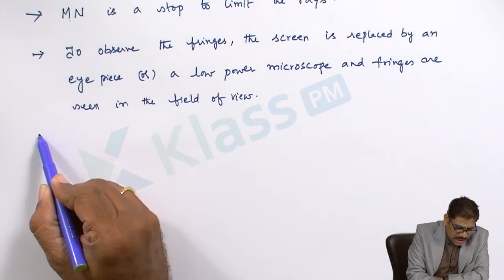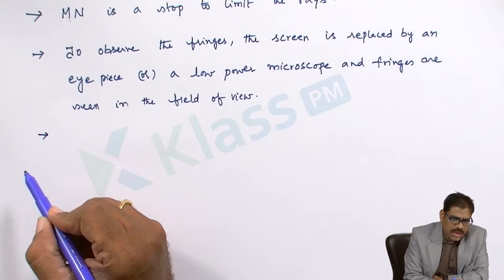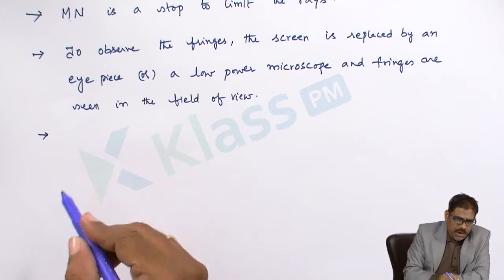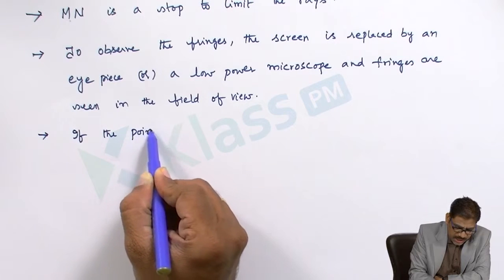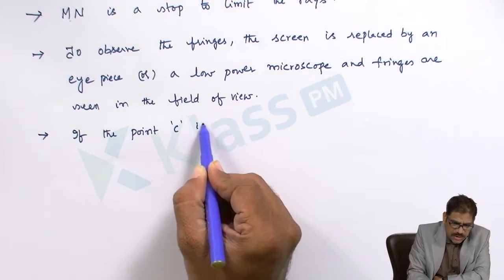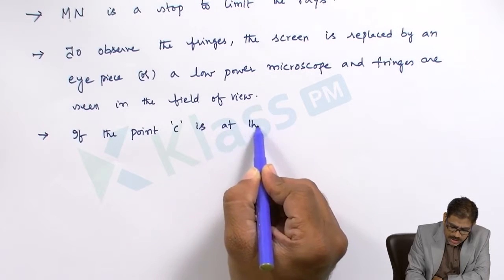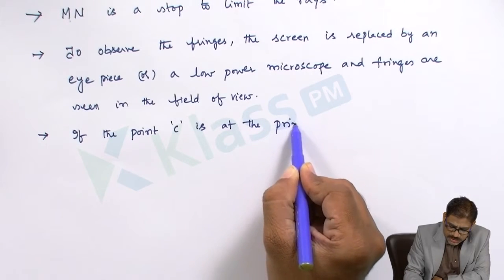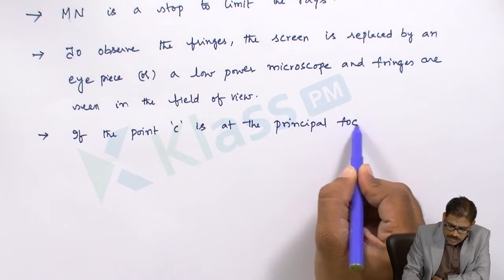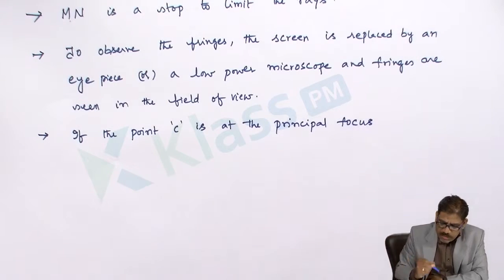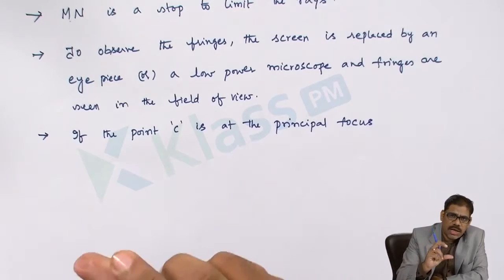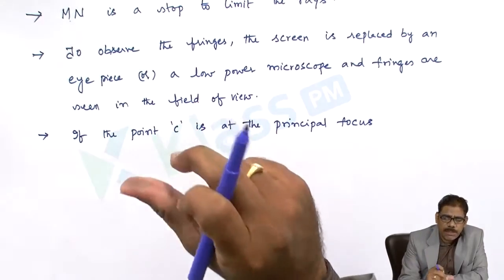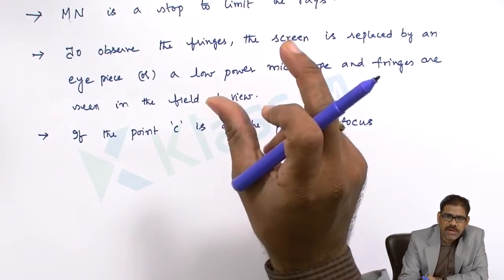Then next, coming to the next point. If the point C is at the principal focus, then we can view through the eyepiece in terms of the field of view.